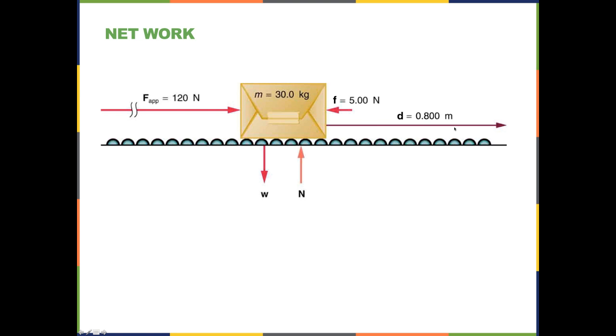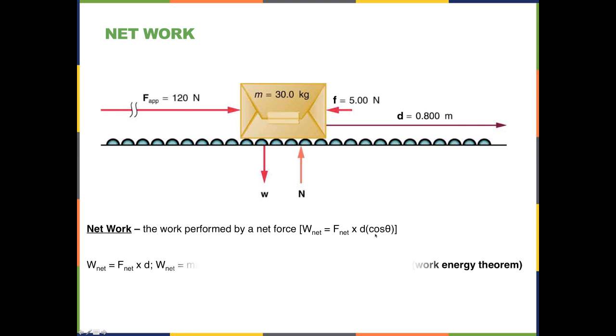And you can use that to calculate the work done. So again, net work is the work that's done as a result of a net force. Again, it's the component of that force that's parallel to the displacement vector. So you always have to take that into account.